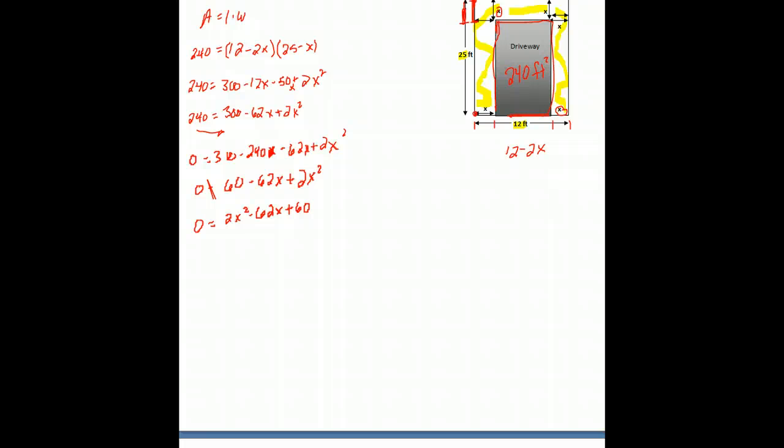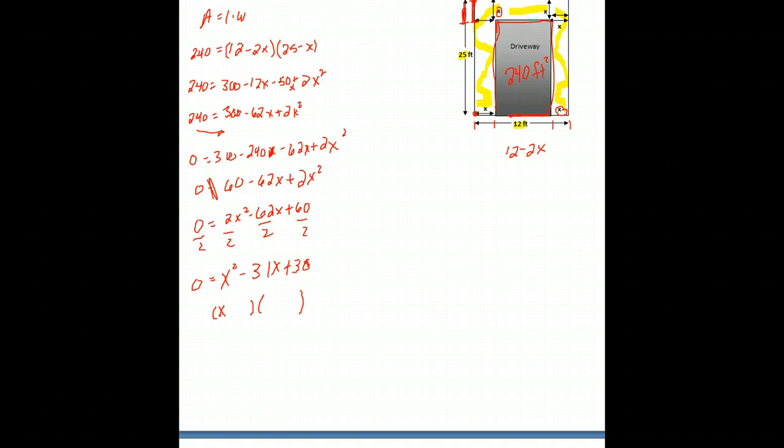What I'm going to do here is factor first. And I can remove a common factor 2, so everything is divided by 2. So x squared minus 31x plus 30. And two factors of 30 that would add to give us negative 31.